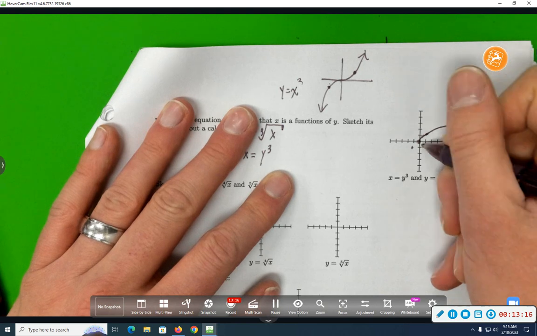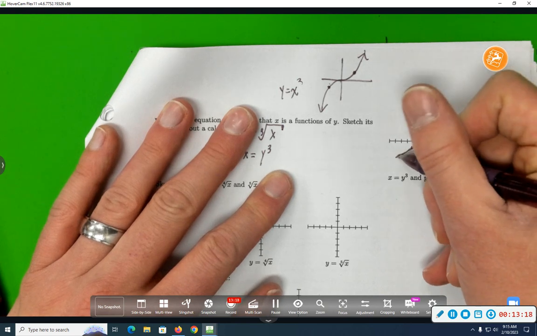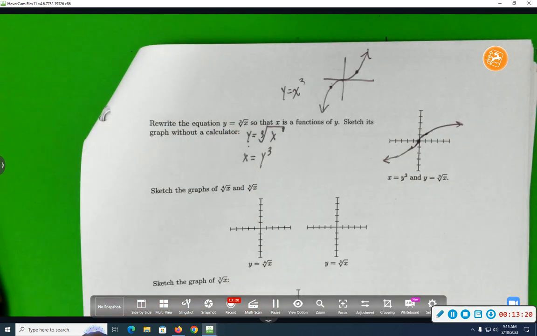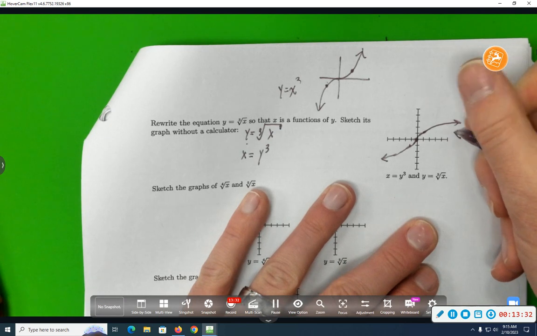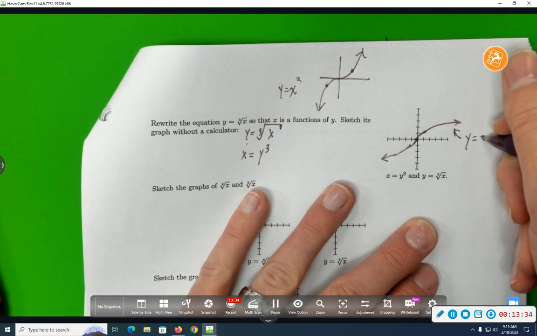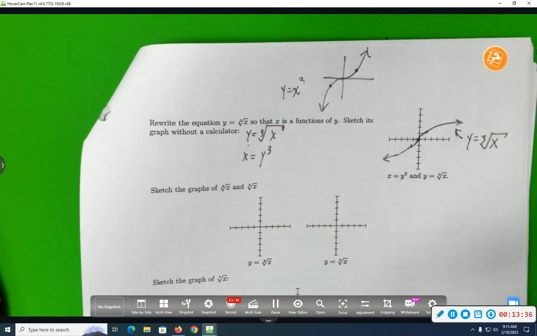And then instead of curving up steeply, it'll flatten out. All right. Is that the graph of a function? Does it pass the vertical line test? Nice. There's the graph of y equals the cube root of x.